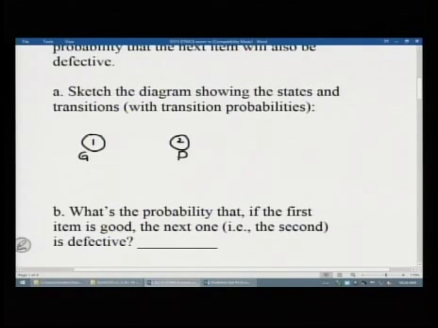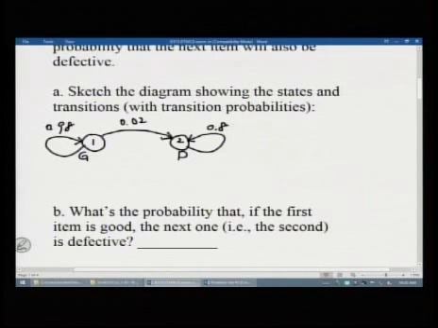Then the good to defective is what percentage? 2%. Only 2%, right? Which means good to good would be 1 minus 0.02. That's 0.98, right? Also, defective to defective is given as 85%, right?